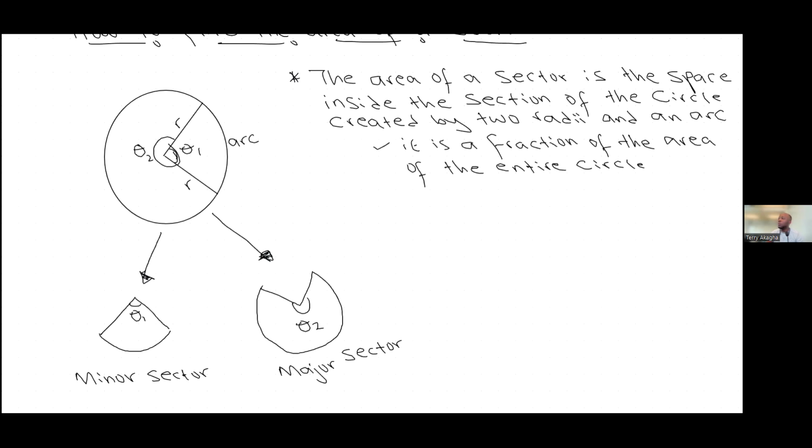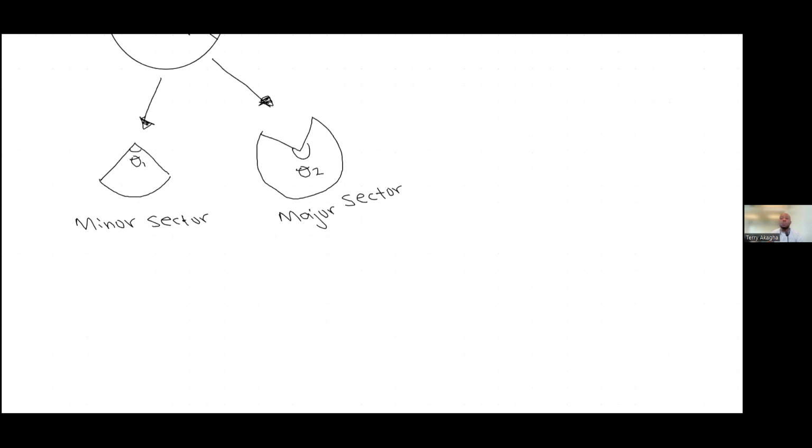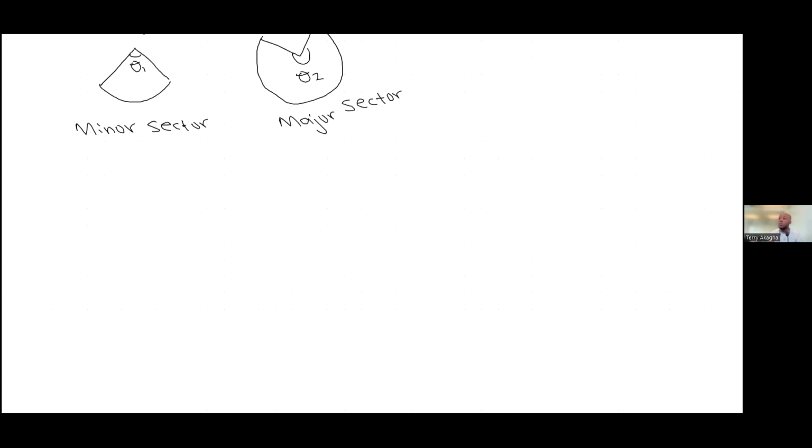Now, if you look at this more carefully as well, I can break down the types of sector into two. So the types of sector, we have the minor sector, and we have the what? The major sector.